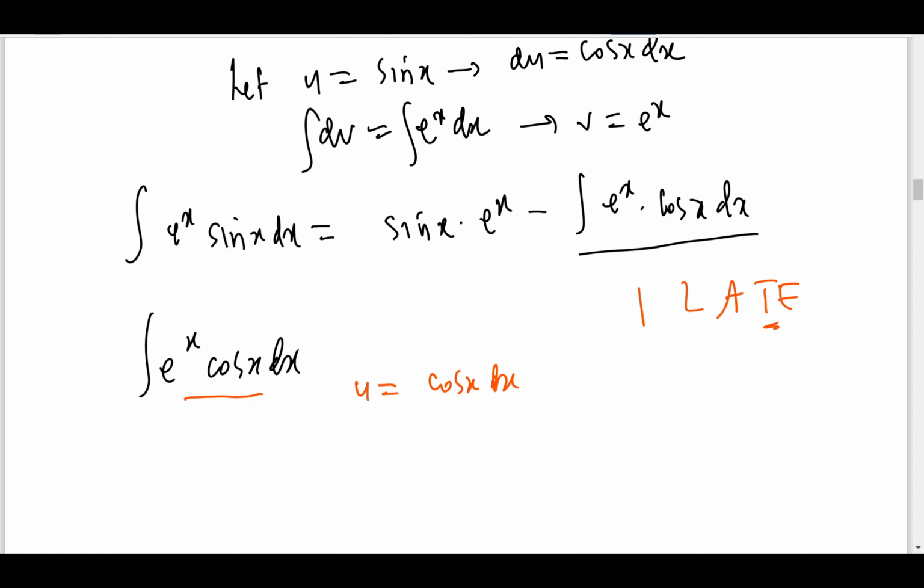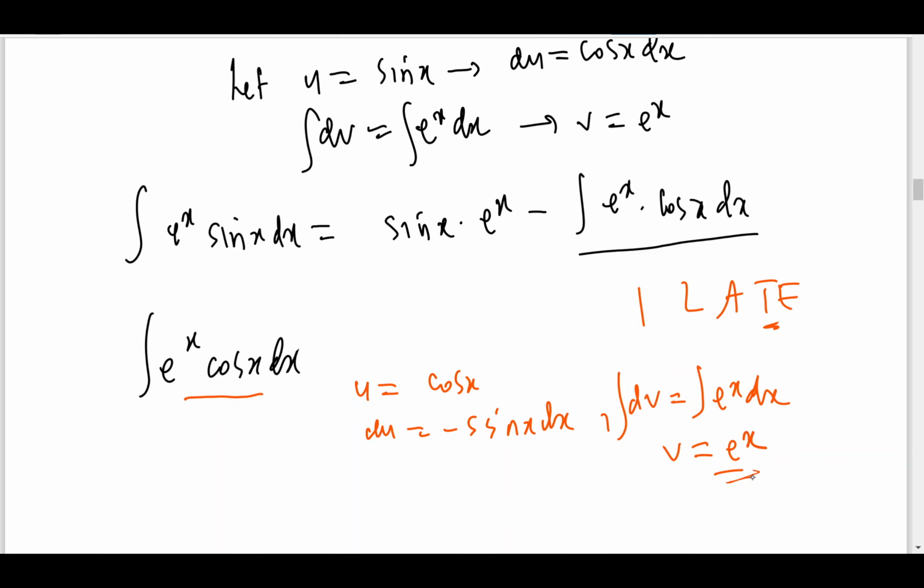So trigonometric comes first. So u equals cosine x, so du will be negative sine x dx, and dv is e^x dx. You integrate, you get v equals e^x.